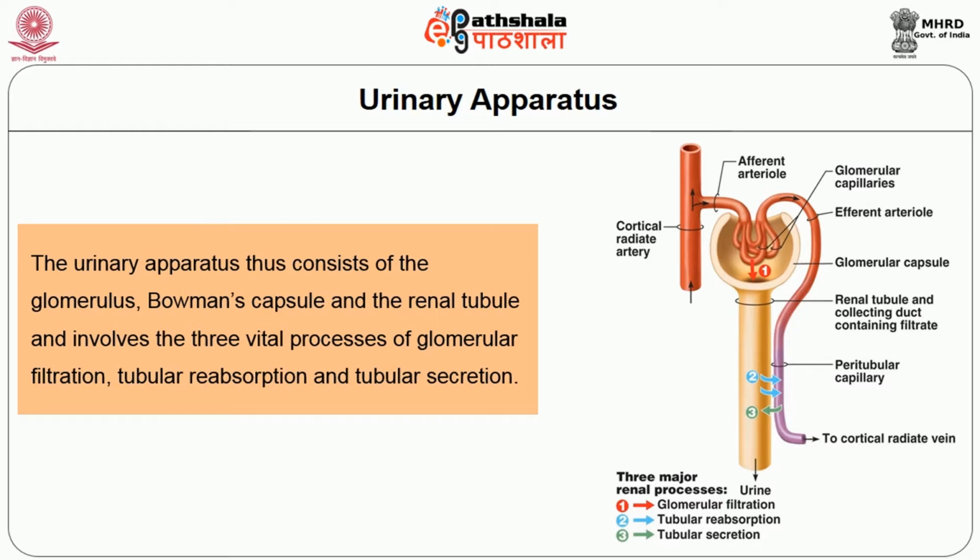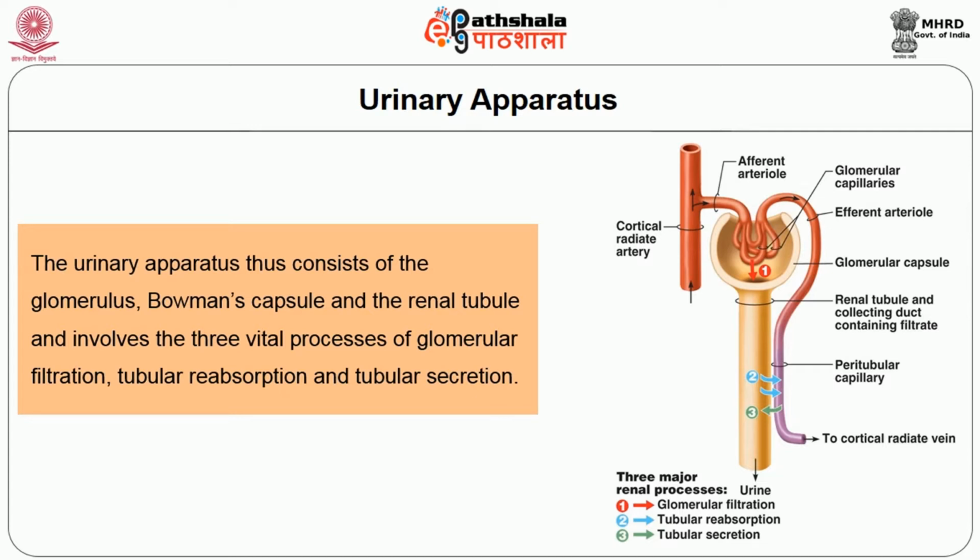Blood passes through the glomerular capillaries and the plasma is filtered into the Bowman's capsule. This is called glomerular filtration. The filtrate passes through the tubular part of the nephron and undergoes various changes both in quality and in quantity. Substances like glucose, amino acids, water, and electrolytes are reabsorbed from the tubules.